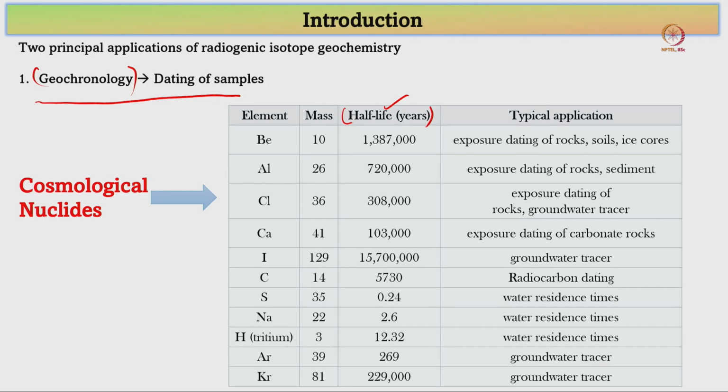For example, when we are trying to date water, we are going to see if it is getting recharged or not, or all that. Very often you will see these tritium measurements, because their half life is 12.32 years.